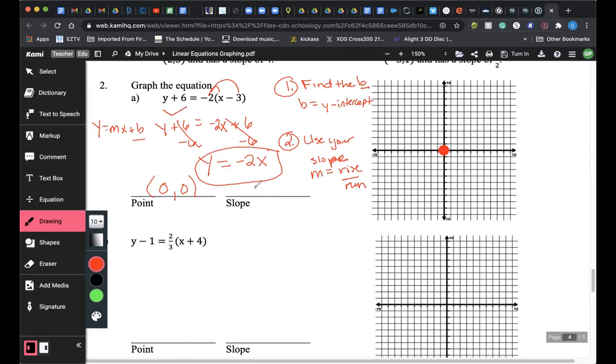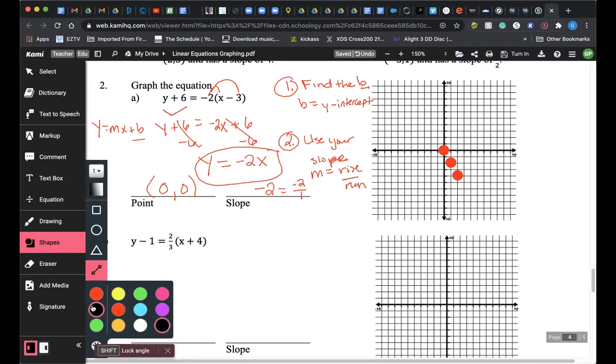Okay, good. My slope is -2, right? So I can also rewrite it as -2 over 1. That means from that point that I just drew in the middle there, I'm going to go down by 2 and then to the right by 1, and I'm going to make my next point. Okay, down by 2, to the right by 1. Right, so I have enough points here that I can just connect my line.